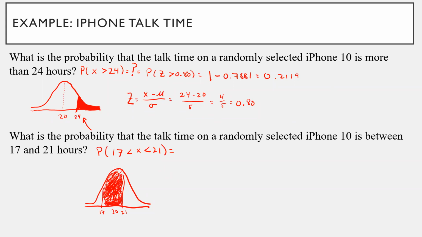For this problem here, how many z-scores do I need to compute? Do you think? Yeah, 2. Yes, I need a z-score for 21 and a z-score for 17. So let's do the z-score for 21 first.